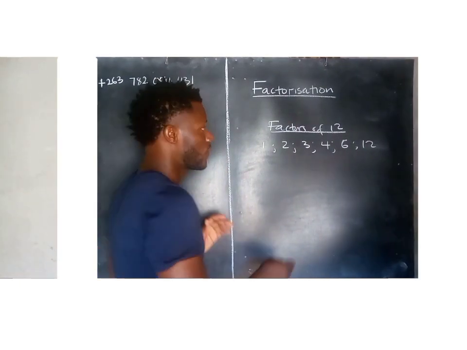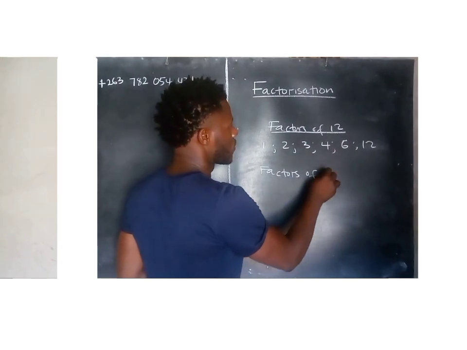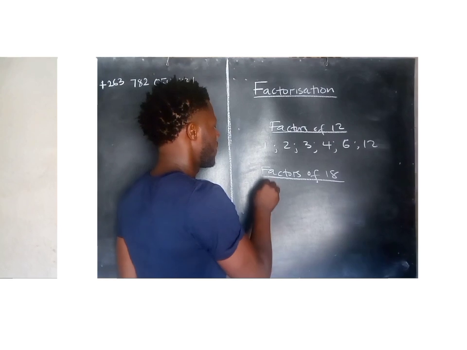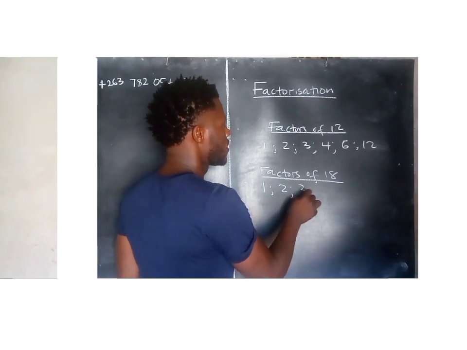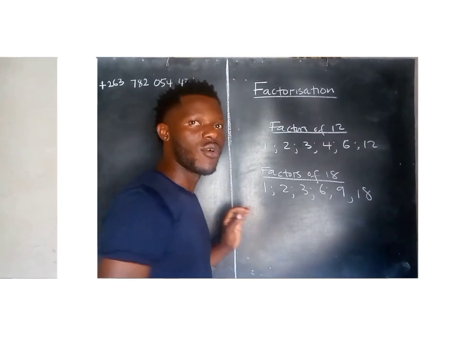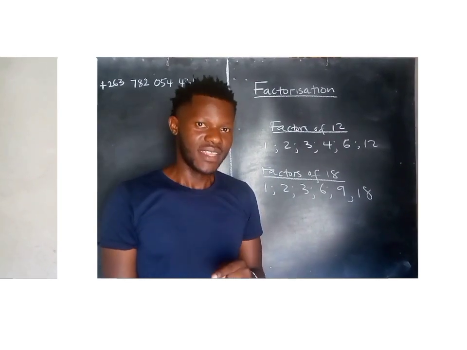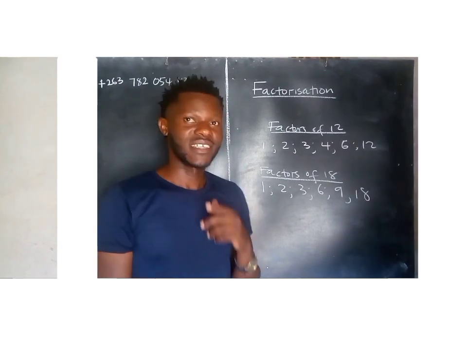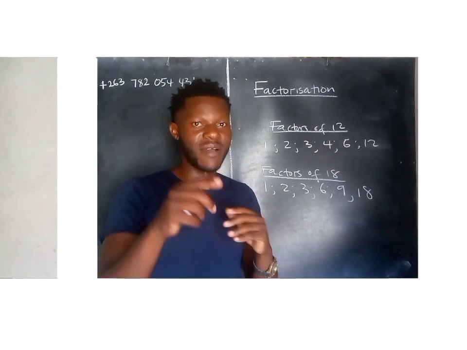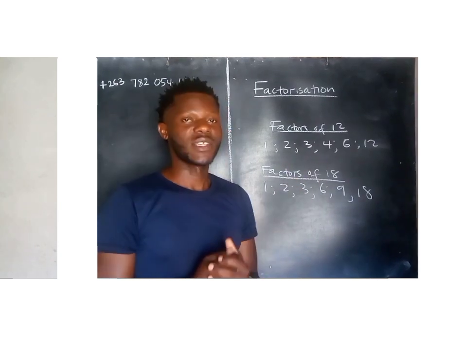How about factors of 18? We have 1, 2, 3, 6, 9, and 18. Always when listing factors, don't forget about 1 and the number itself. They also qualify to be the factors of every number, 1 and the number itself. So these are the factors of 12, and these are the factors of 18.